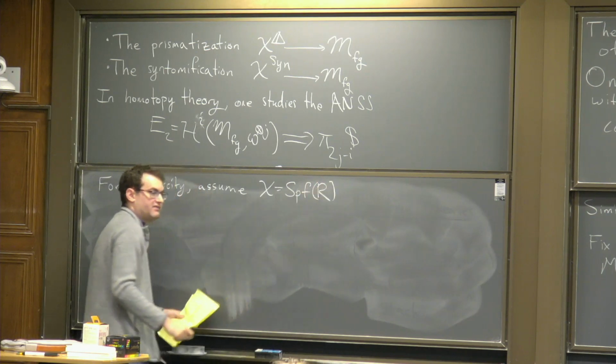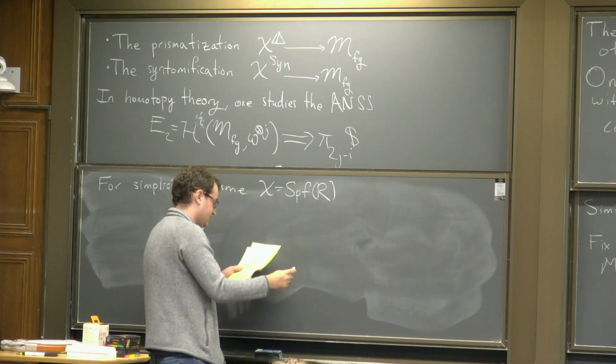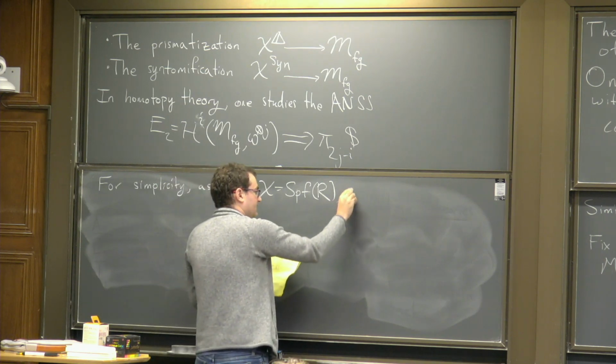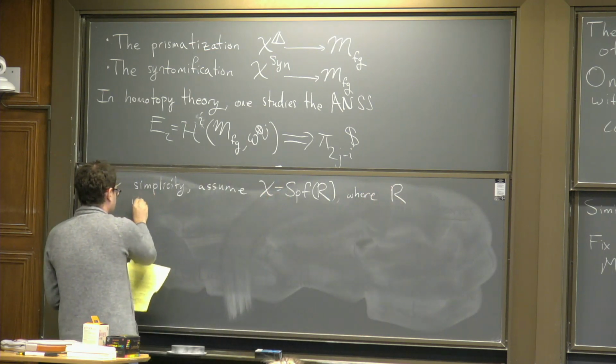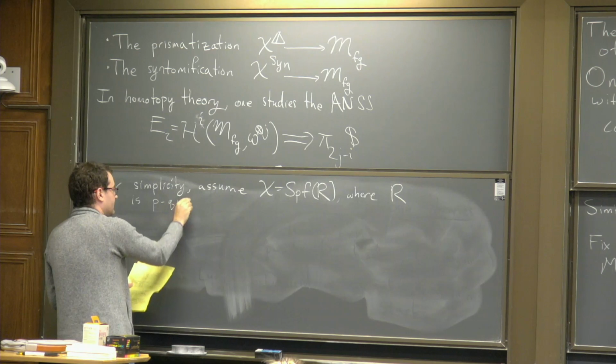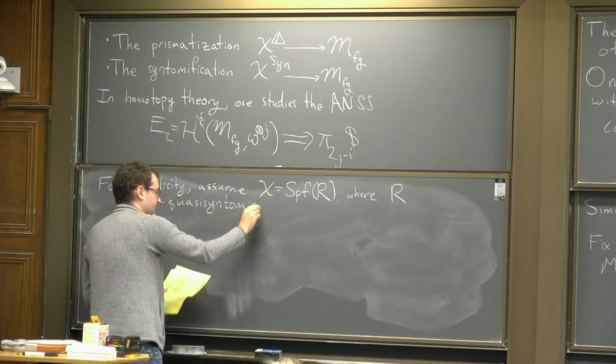Remember, it's some p-adic formal scheme, so I'm putting Spf. Note the p-adic filtration on this ring. And R should be a somewhat nice ring, so R is p-quasisyntomic. Some condition like being LCI or smooth.